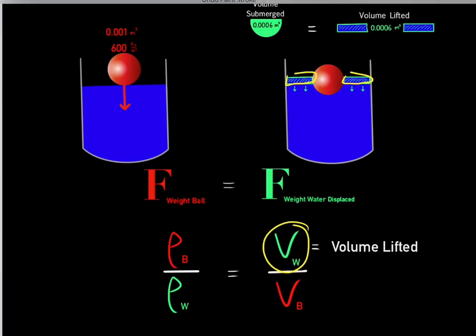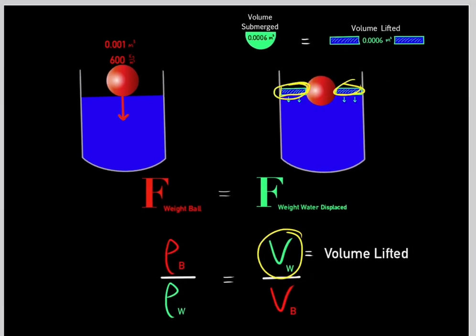But remember, we already said earlier, the volume of this water that's been lifted up equals the volume of the ball that's been submerged. And I know this is a little tricky, maybe you have gotten lost, but if you go back, we've already explained what this volume term was earlier on. We already explained that the volume of this water that's been lifted equals the volume of this ball that's been submerged.